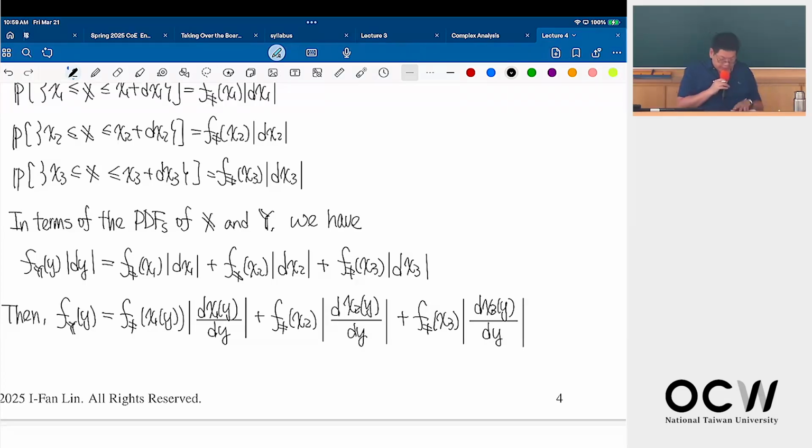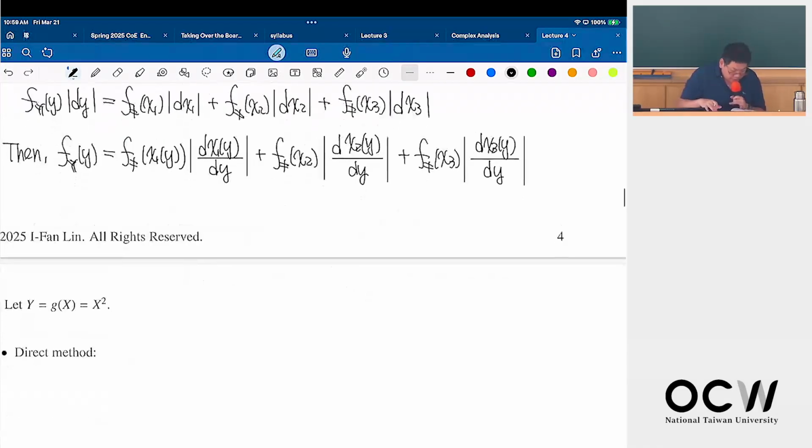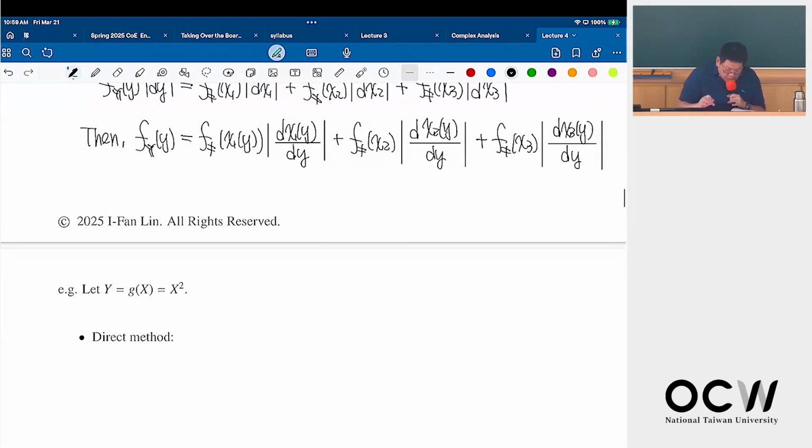Let's see this example. Y equals x squared.